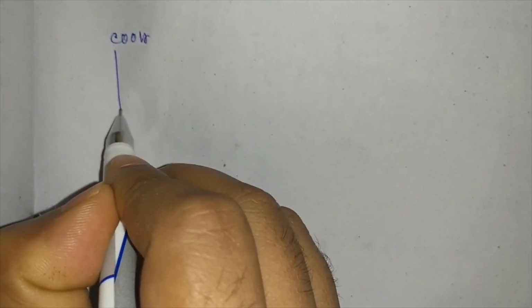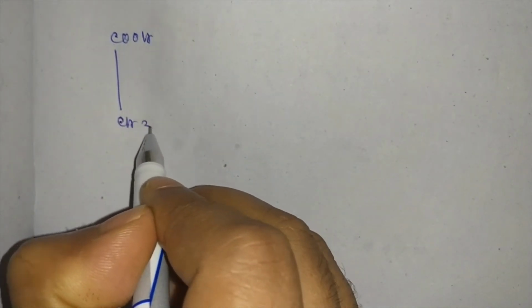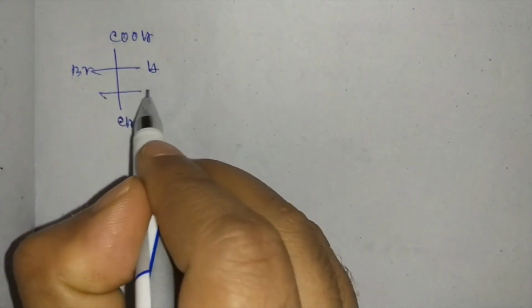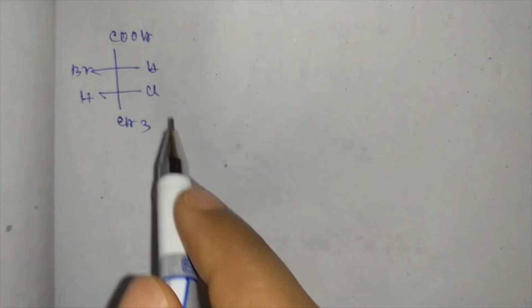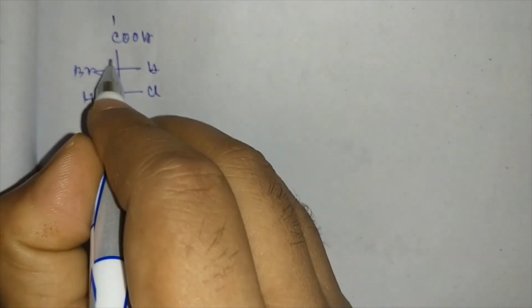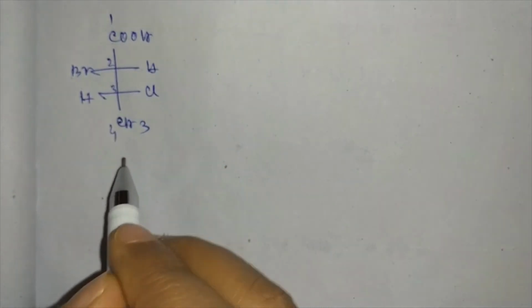If we take another example, COOH, CH3, H, Br, Cl, H. Now we'll number this molecule with 1, 2, 3, 4.